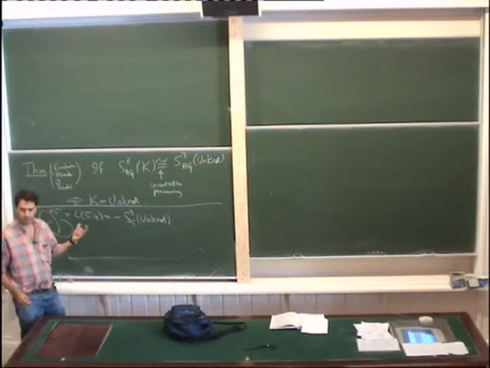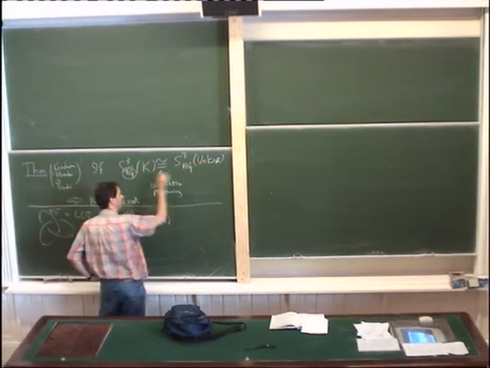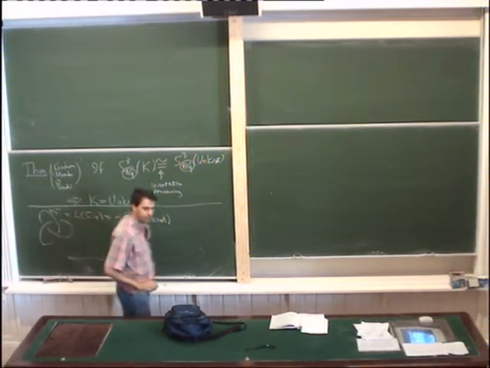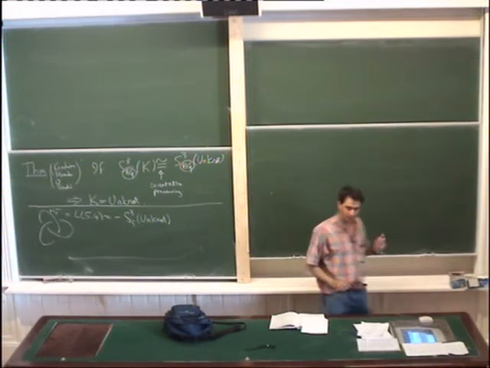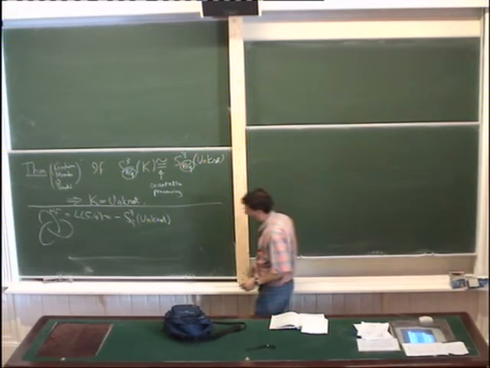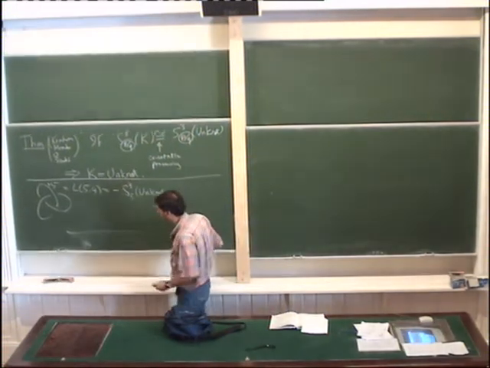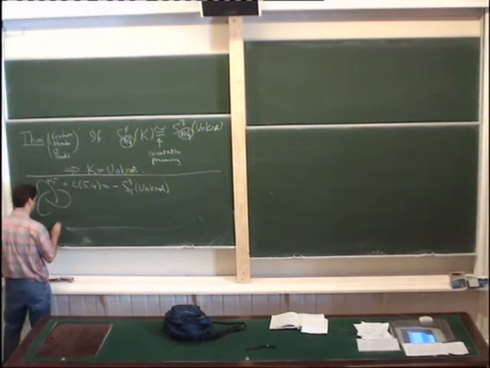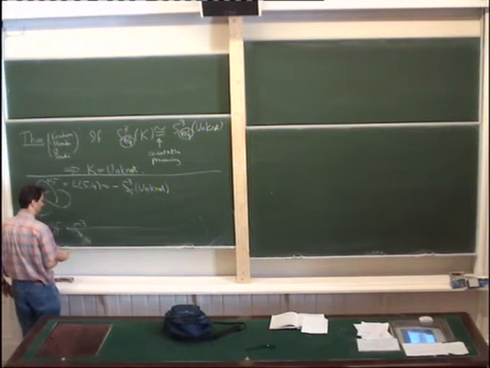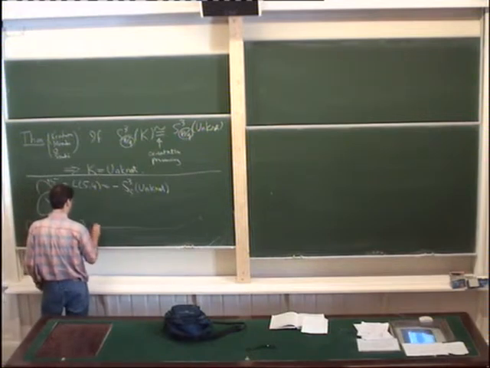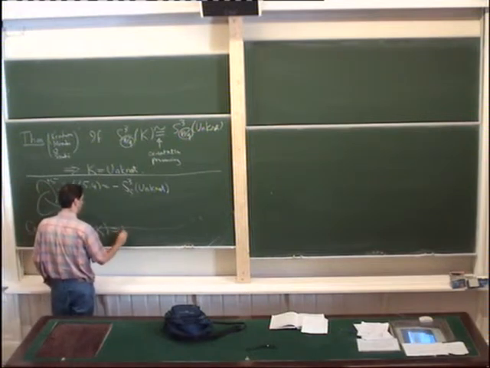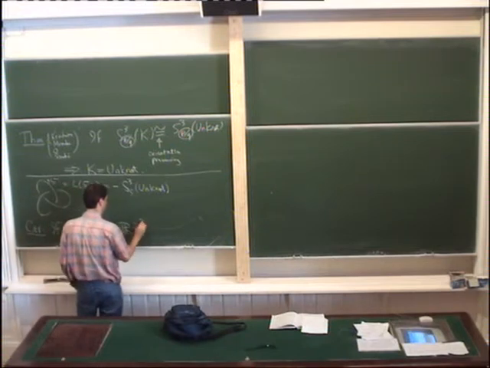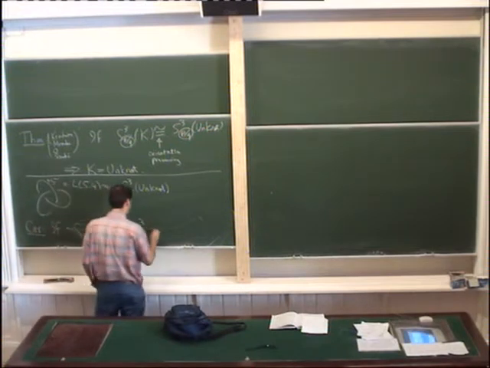So it's important that the orientation is preserved, and it's important that the surgery coefficient is the same. This has as a rather quick corollary that if some surgery on a knot gives you RP3, which is L(2,1), then K is the unknot.